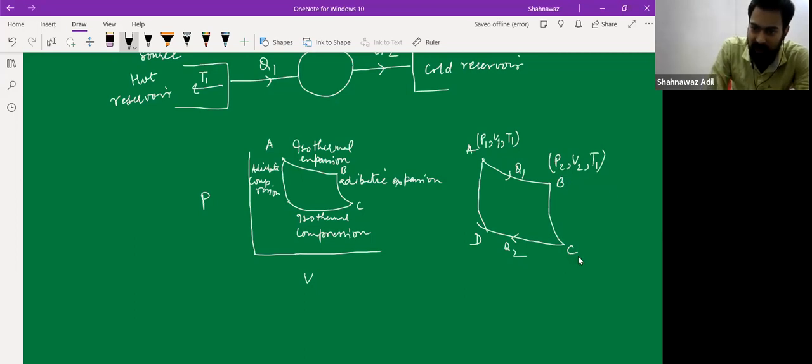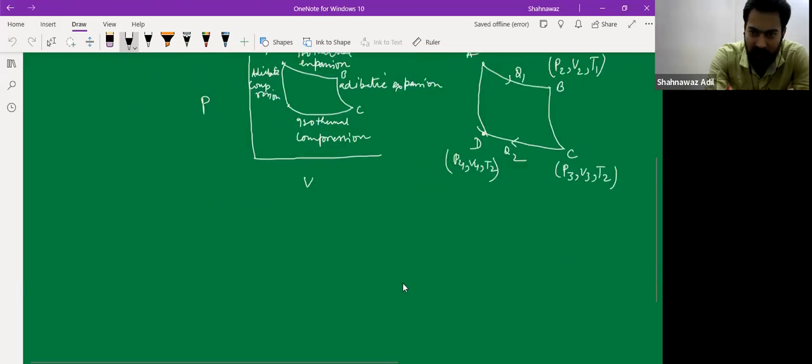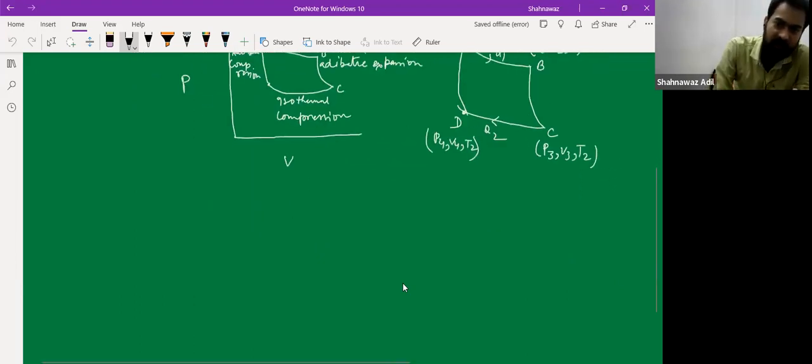Then you do this adiabatic expansion, so you will have P3, V3, and temperature T2. Then at this point, you will have P4 and V4, and T2, because this process is isothermal. So what would be the work done in this process? Can you recall what the total work done would be?